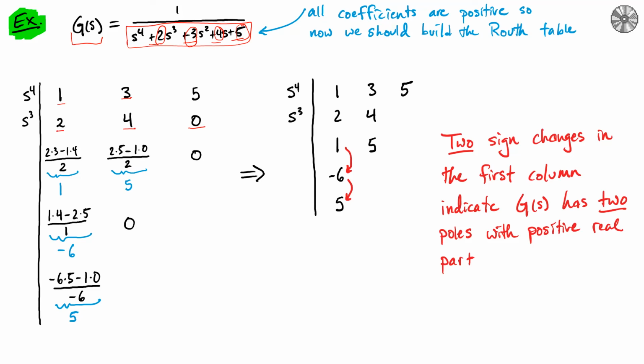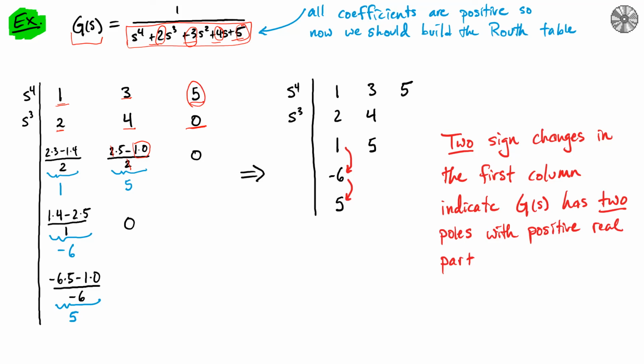The next term is given by the first and the third columns, which is 2 times 5 minus 1 times 0. This is an example where the 1 times 0 becomes 0, and now this cancels with this, and you're just left with a 5, which is this original number up here.